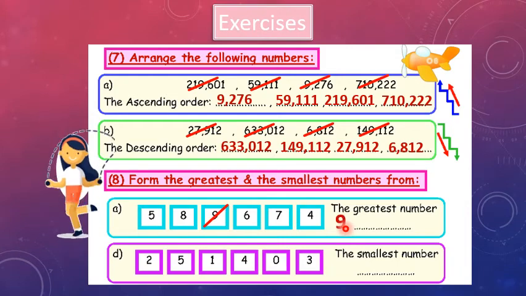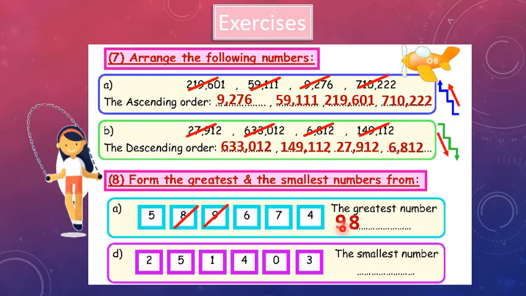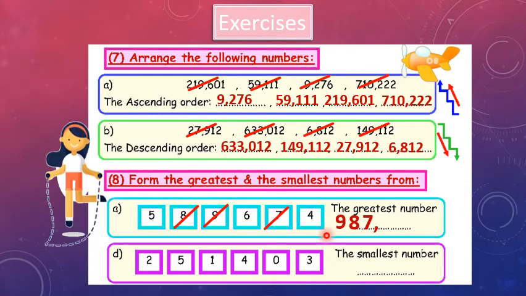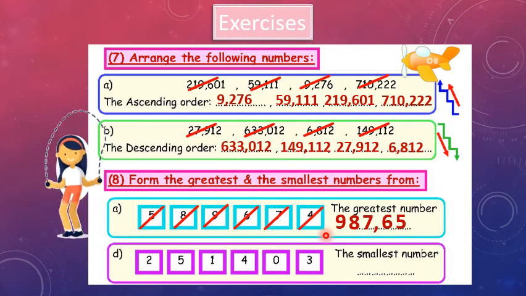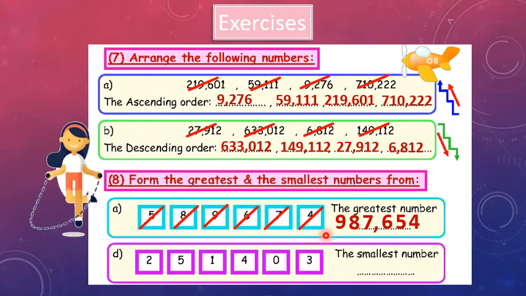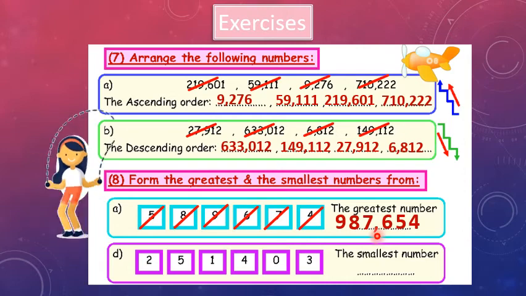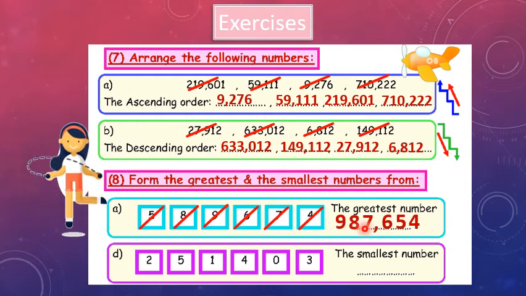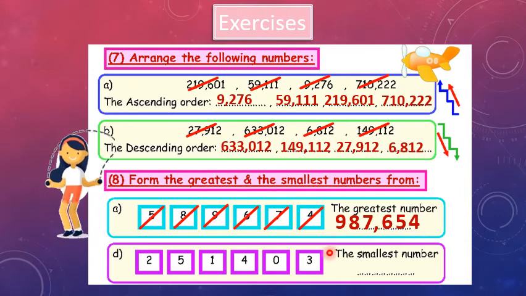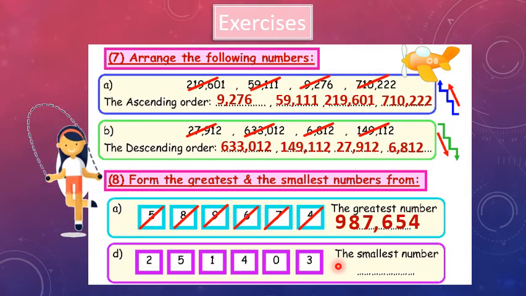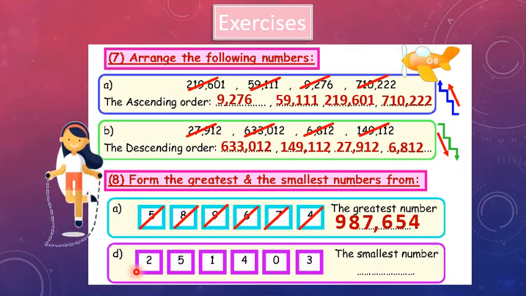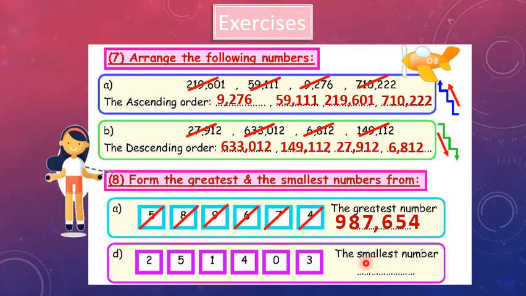It will be 9, then 8, then 7, then 6, then 5, then 4. Count ones, tens, hundreds, then put your comma. It will be 987,654.